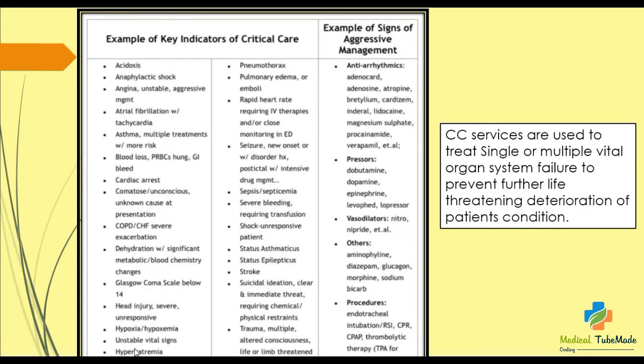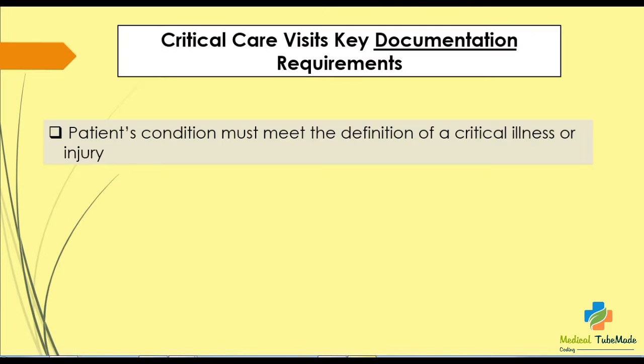Then you can find hypernatremia, open fracture, pneumothorax, severe bleeding, sepsis, seizure. Just pause the video and read each and every condition, so that you will get some understanding about which conditions require critical care services. And on the right-hand side you can find the management, critical care visits, and key documentation requirements.